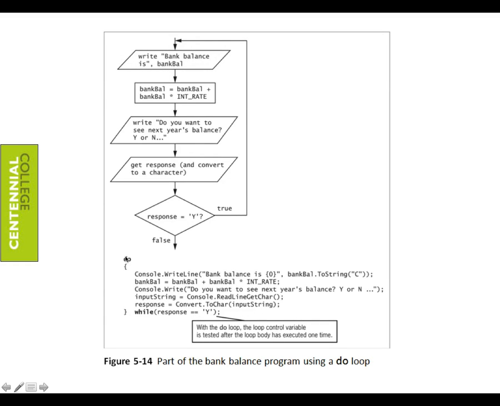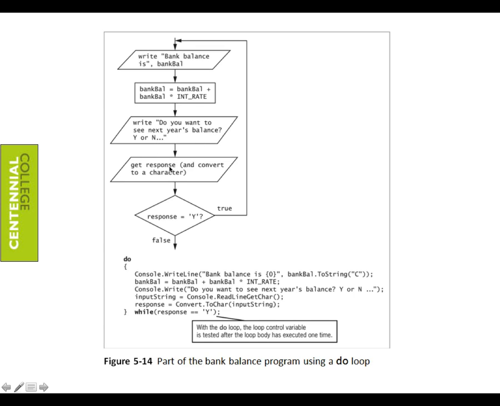Let's take a look at this. Here's a do loop, just like we did. What you're looking at is a flow chart, right? Bank balance is equal to bank balance plus bank balance times interest rate. So you're multiplying your bank balance by the interest rate. And then the next one is write, do you want to see your next year's balance?